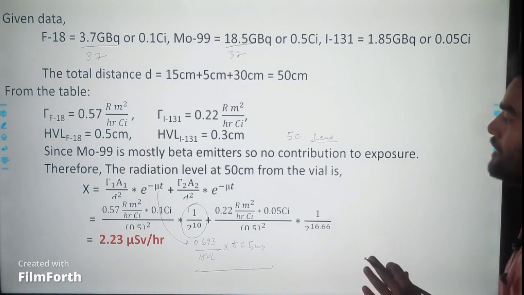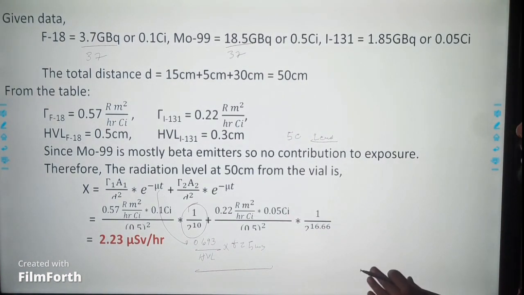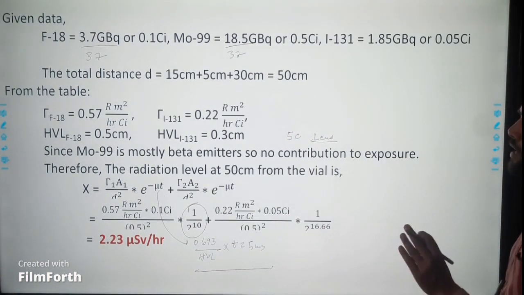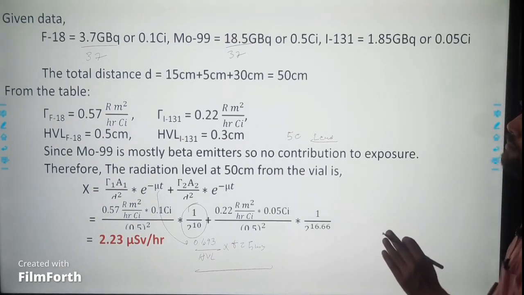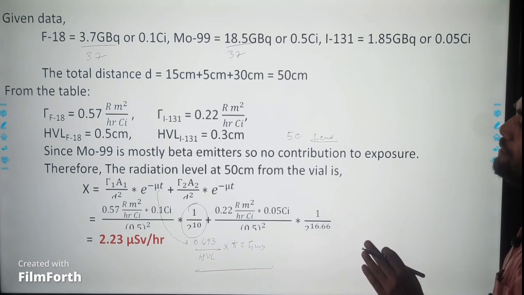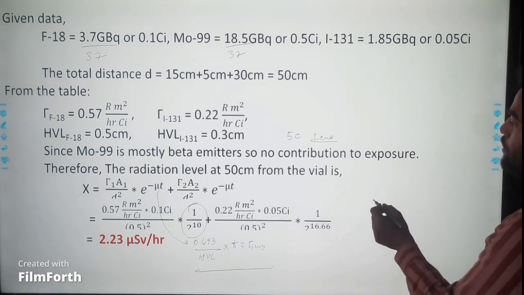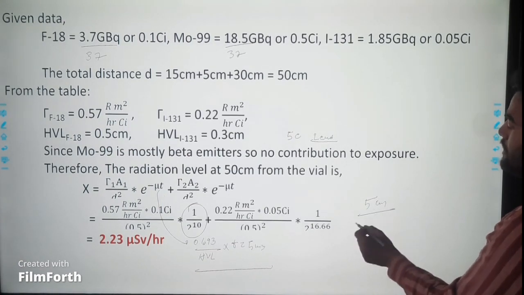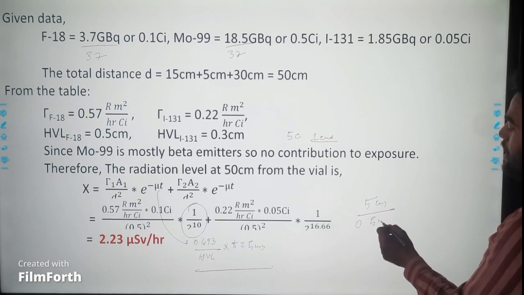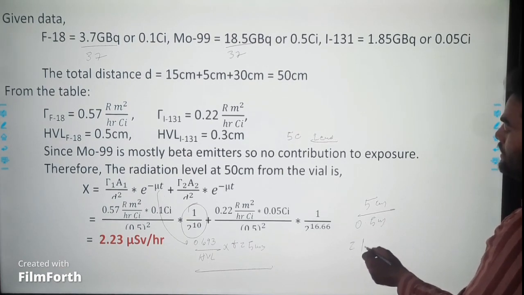Another simple way to calculate this reduction factor is that first we calculate the number of HVL for F18. It has been provided that 0.5 centimeter is the HVL value and the total lead brick thickness is 5 centimeter. So 5 centimeter divided by 0.5 centimeter is equivalent to 10.